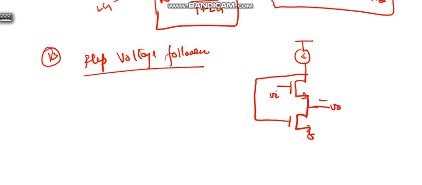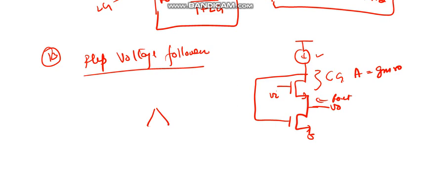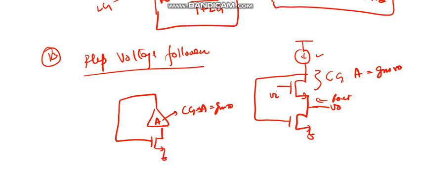Let's see how. We need to find Rout. Here we can observe that this is a common gate configuration, and say this is infinite resistance, then for this common gate configuration the gain is GM RO. So this will reduce to something with gain A. This is the CG stage and A equals GM RO, say. So this will be reduced to something like this.